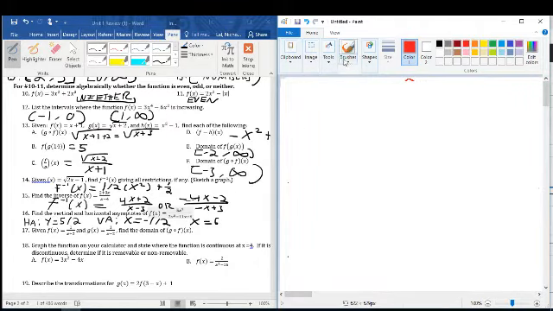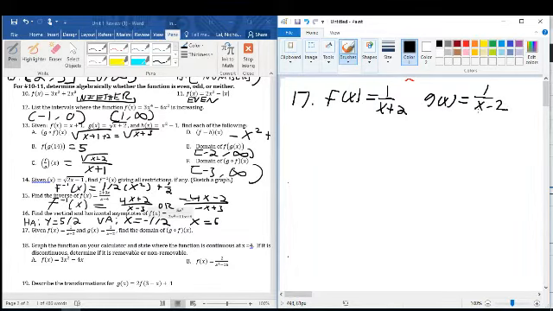For 17, given f of x equals 1 over x plus 2, sorry, and g of x is equal to 1 over x minus 2, find the domain of g of f of x.